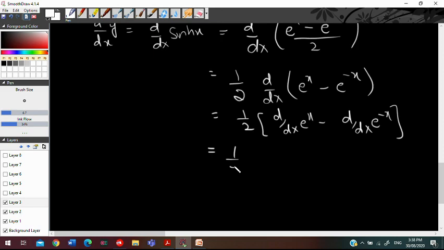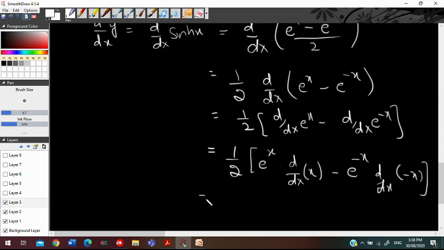First we write the exponential function as it is, and then we differentiate its power. So for the second term, minus exponential of minus x, we also have d by dx of minus x. The derivative of x with respect to x is 1, and minus exponential of minus x, where again we have minus 1.